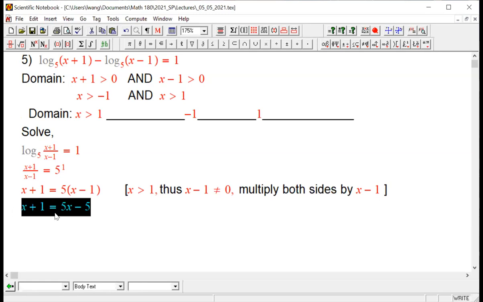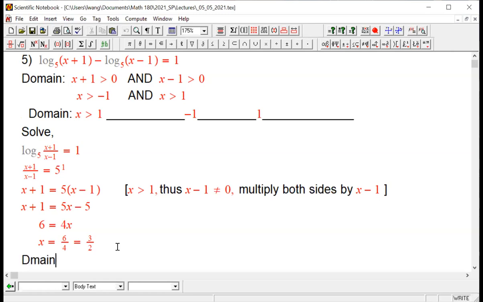Bring all the x's together and bring the constants together. So we end up with 6 equals 4x. So in the end, what does x equal? x equals 6 over 4, which is 3/2. And then we check our answer.